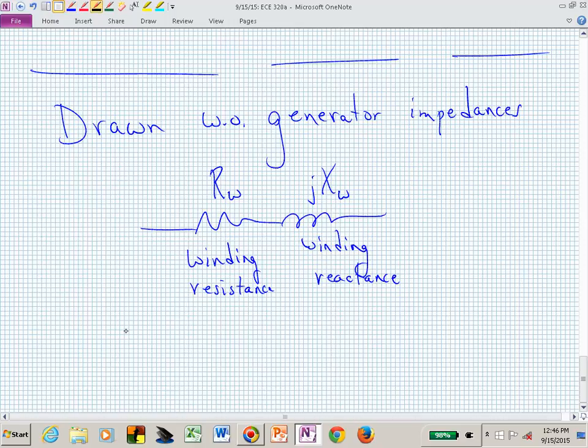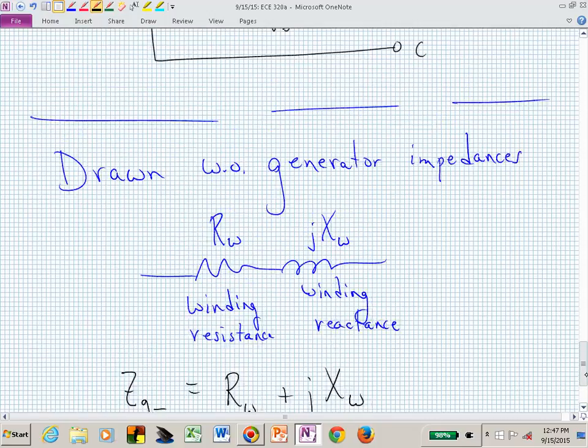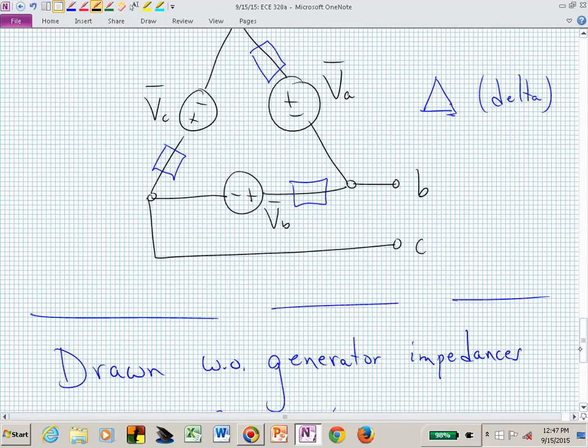Meaning in each of those phases, so that blank could be A, B, or C, we have a Z sub G, and we're reserving the lowercase to be on the source side. This would be now the resistive winding plus j X sub W in either A, B, or C. And these Z sub G's are where I've indicated those blue boxes.